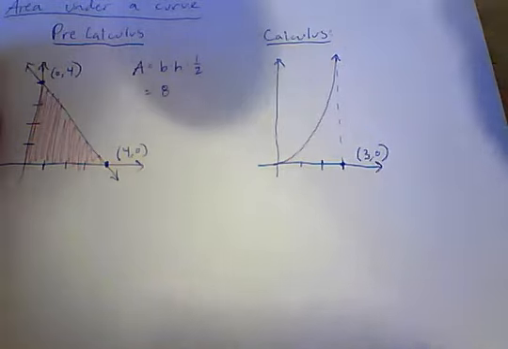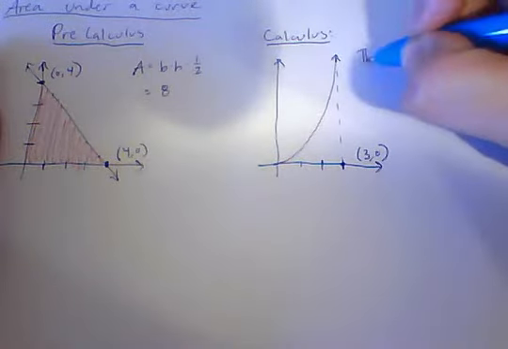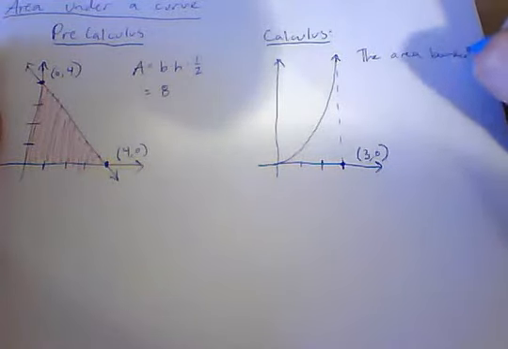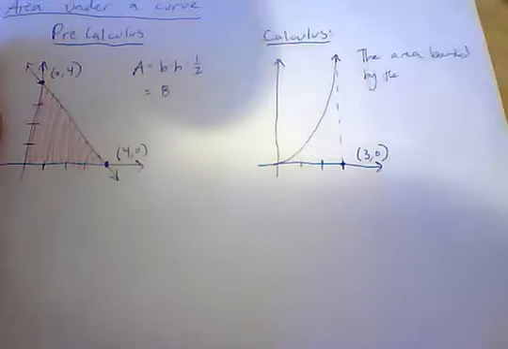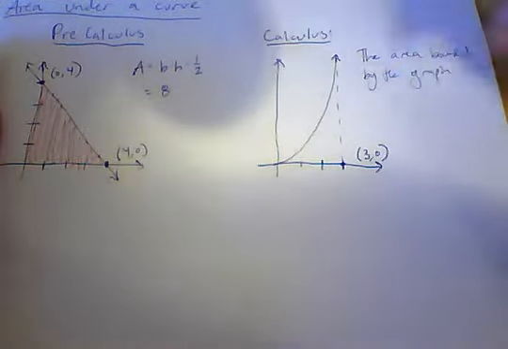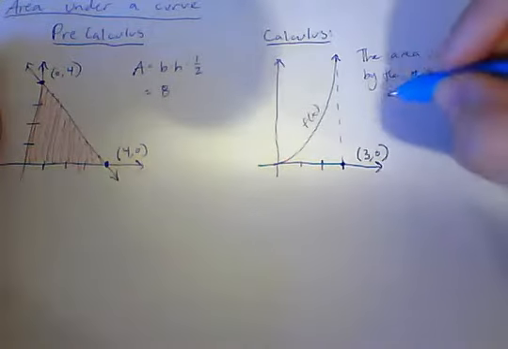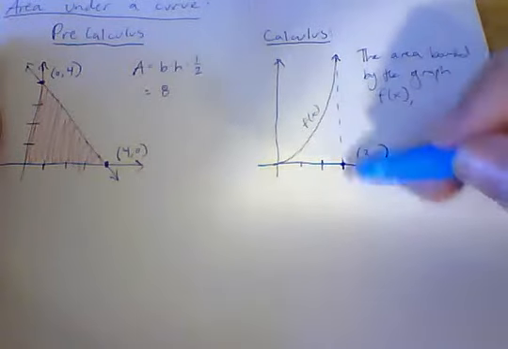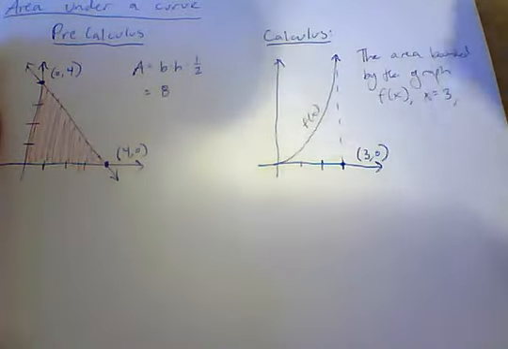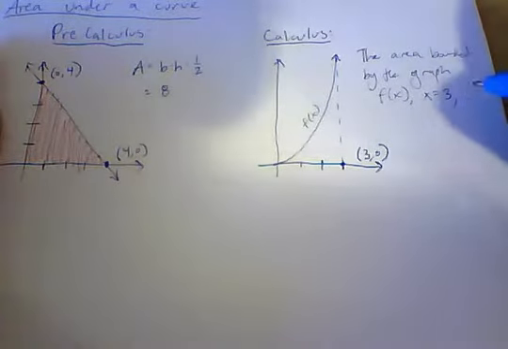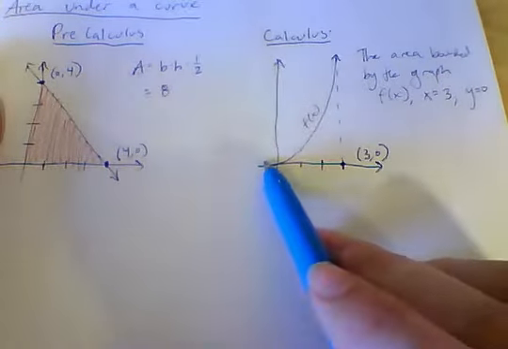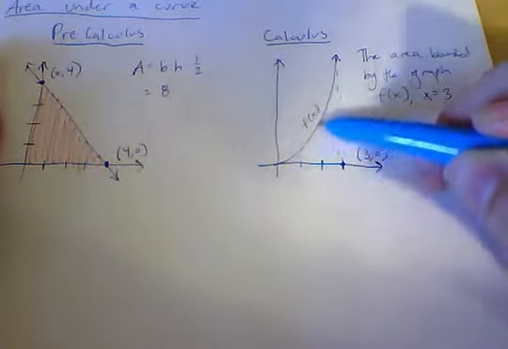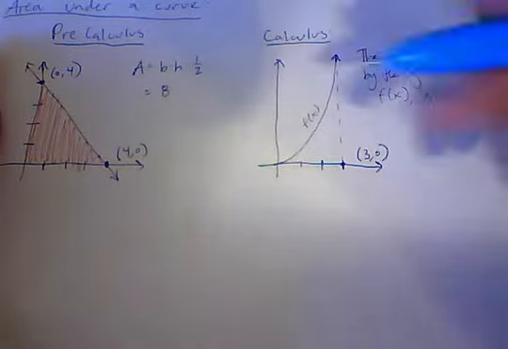So we want to know the area bounded by the graph, we'll just call this graph f of x, the line x equals 3, and then on the x-axis, y equals 0. So you can see it's bounded on the bottom, here where x equals 3, and then by our graph f of x. So we're just interested in this section right here.